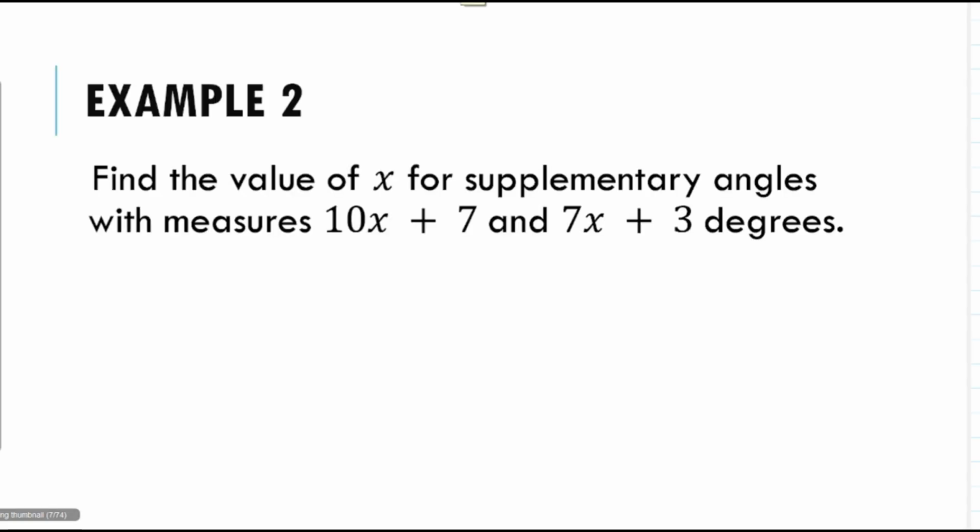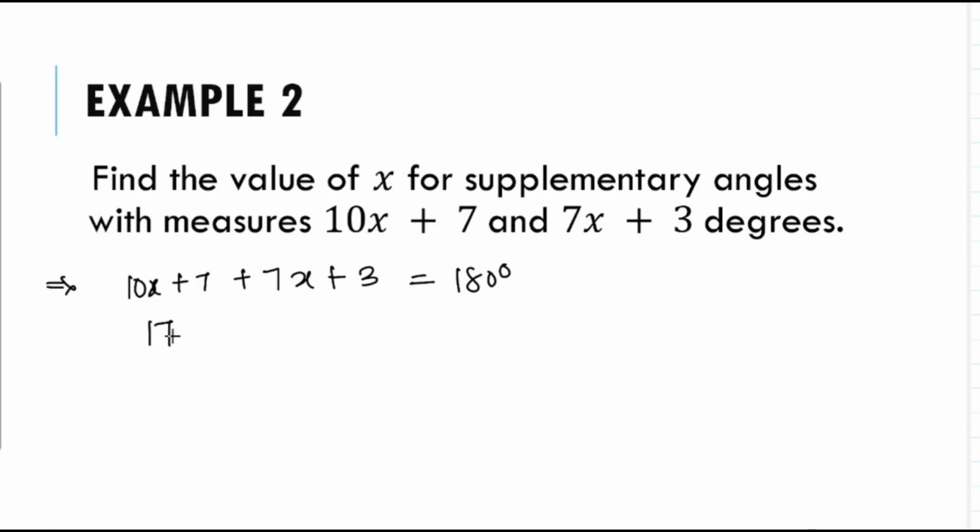Example: find the value of x for supplementary angles with measures 10x plus 7 and 7x plus 3. Basically, we are going to add them together. So 10x plus 7 plus 7x plus 3 will be equal to 180 degrees since they are supplementary.